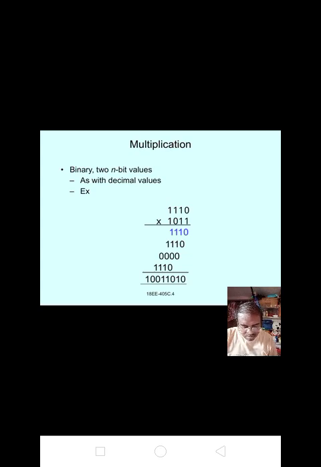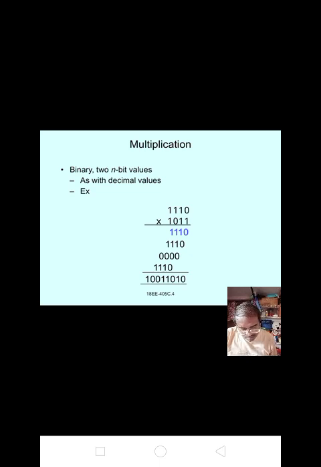1101 means 13. 1001 means 9. 9 times 13 is 117. Here the coding is 1 2 4 8 16 32 64.